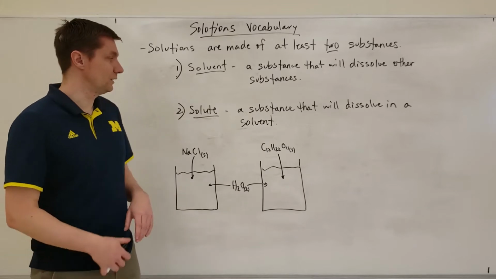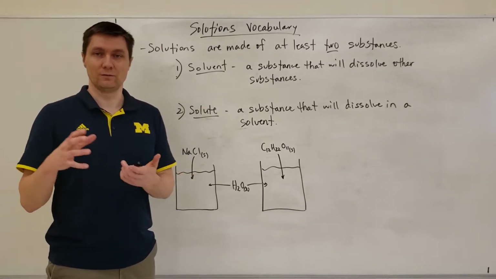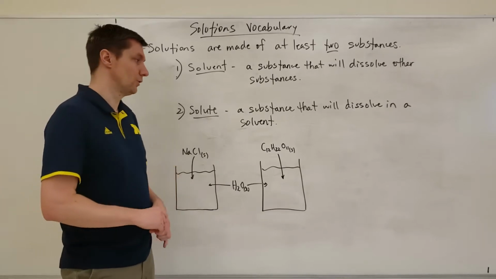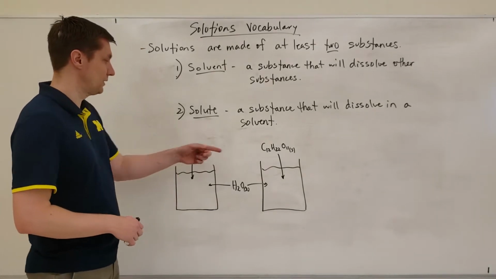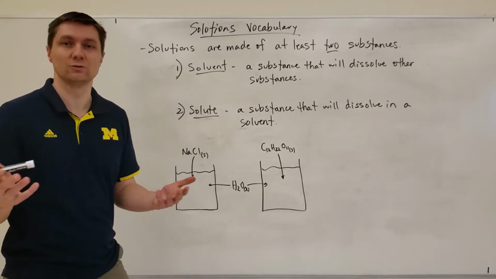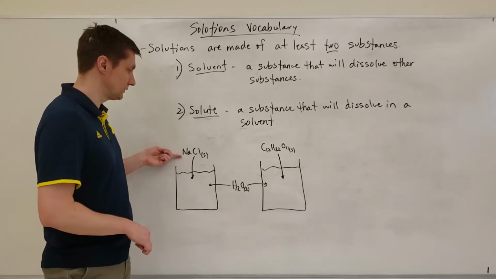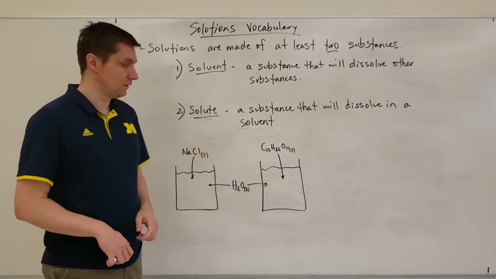The other category is solutes, and these are substances that dissolve in the solvent. I've got a couple of examples down below to illustrate this and what types of solutions we end up with because of it. We've got two substances, sodium chloride and sucrose.